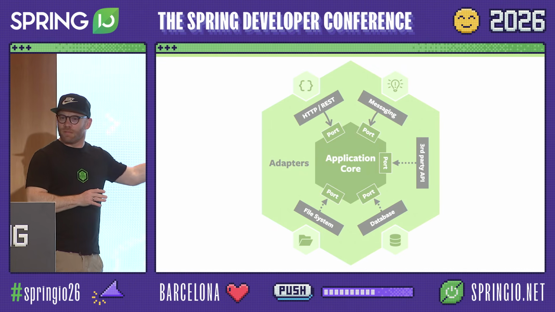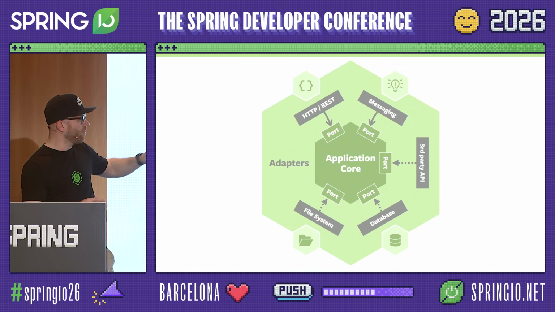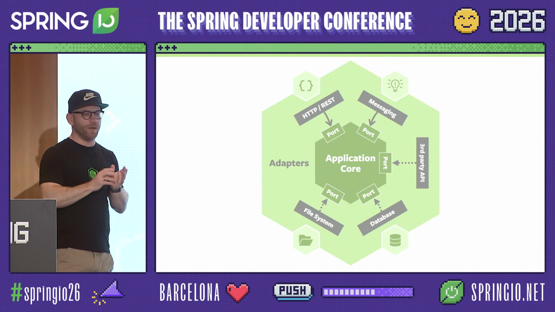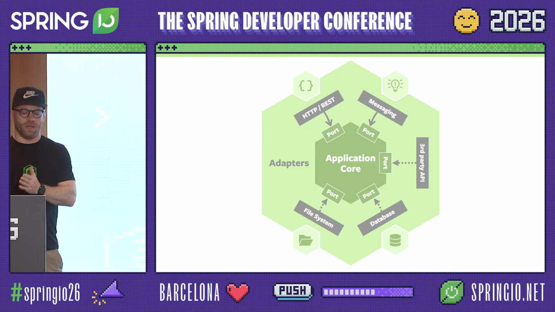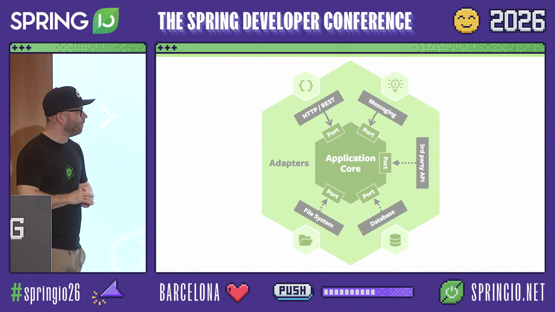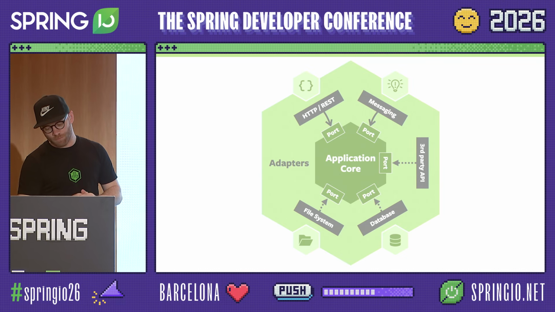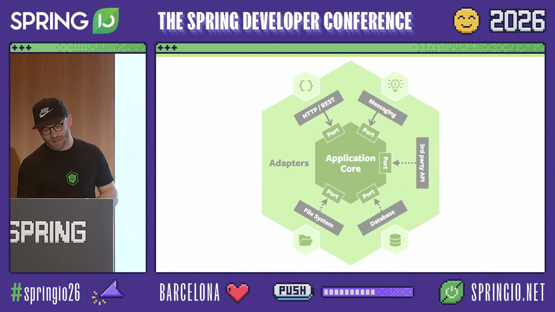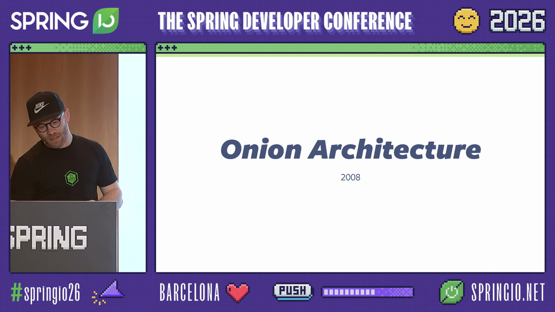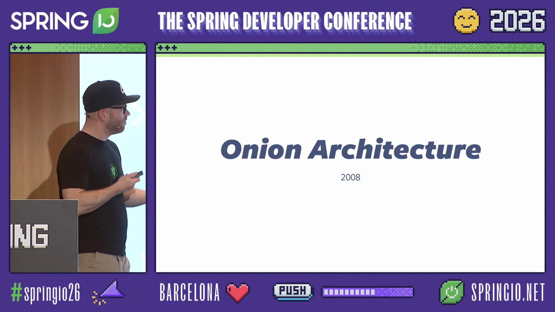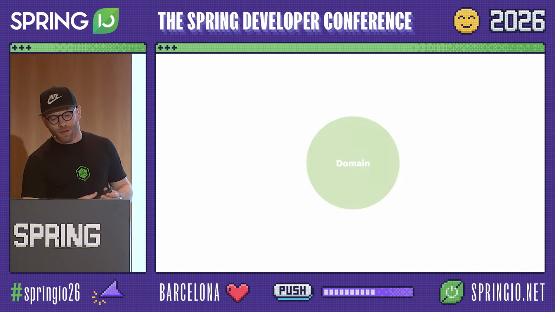So it looks similar to what we actually want, right? We have these ports, selected elements of our code base that we expose, and then we have implementations that allow us to connect to databases, what have you. In 2008, the Onion architecture was coined. It takes a similar but slightly different approach.